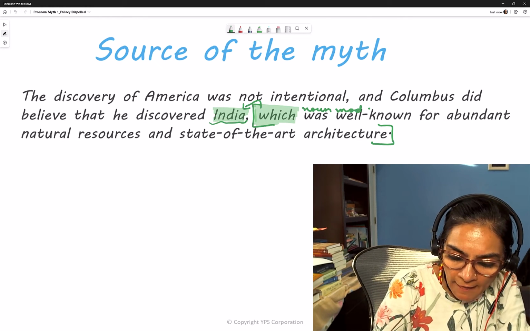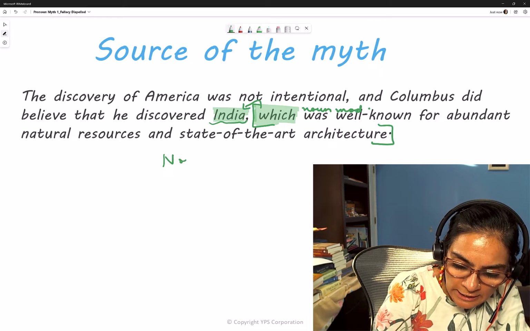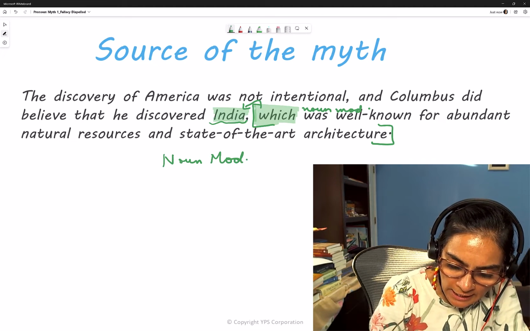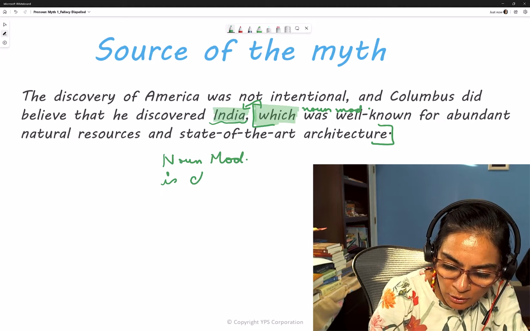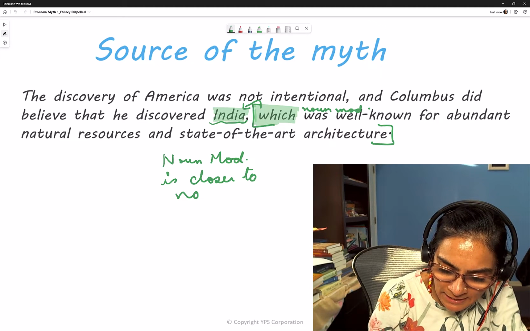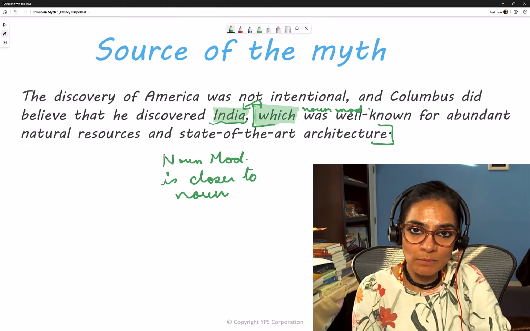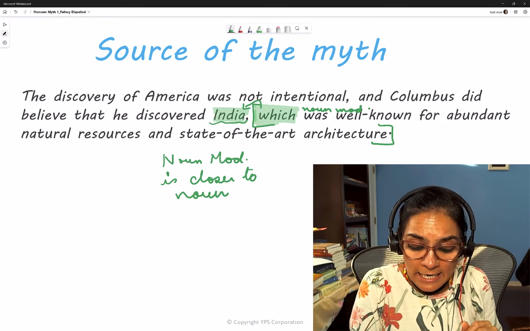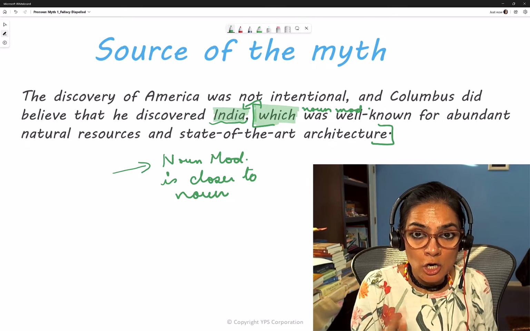And because the noun modifier describes a noun, the description is always closer to the noun that is being described in the sentence. However, a pronoun is not a modifier. So mind you, there is a stark difference between the usage of the pronoun and the usage of the modifier.